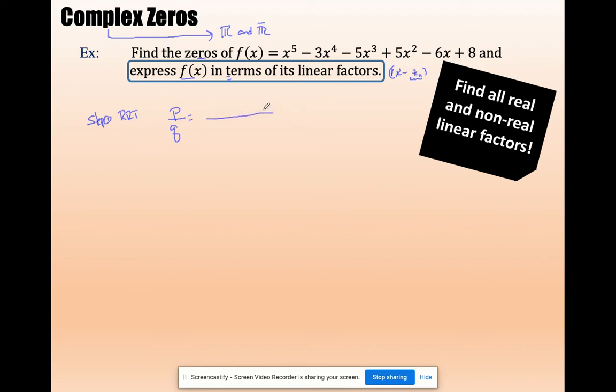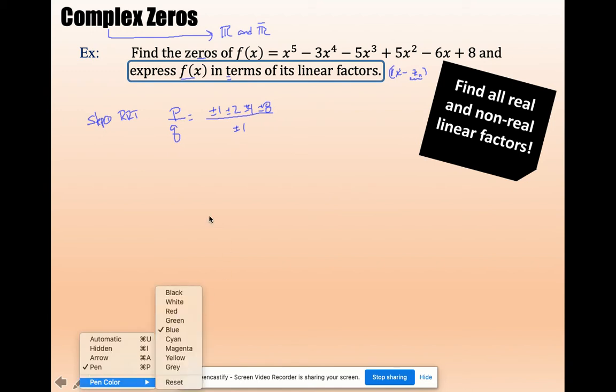So those are all my possible rational roots. So I'm going to start with them, and then I have to plug each one of them in.